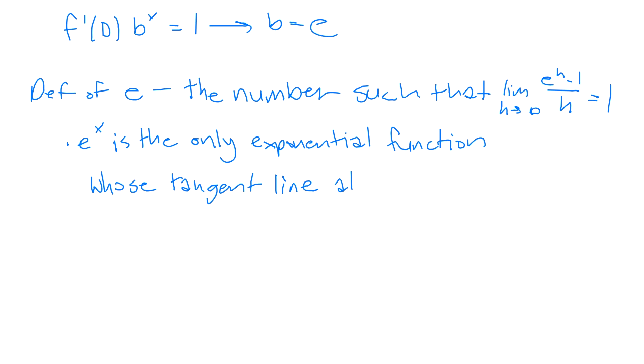At x equals 0, e to the x has a slope equal to 1. Because of this, e and its function e to the x end up having a lot of really interesting special properties.